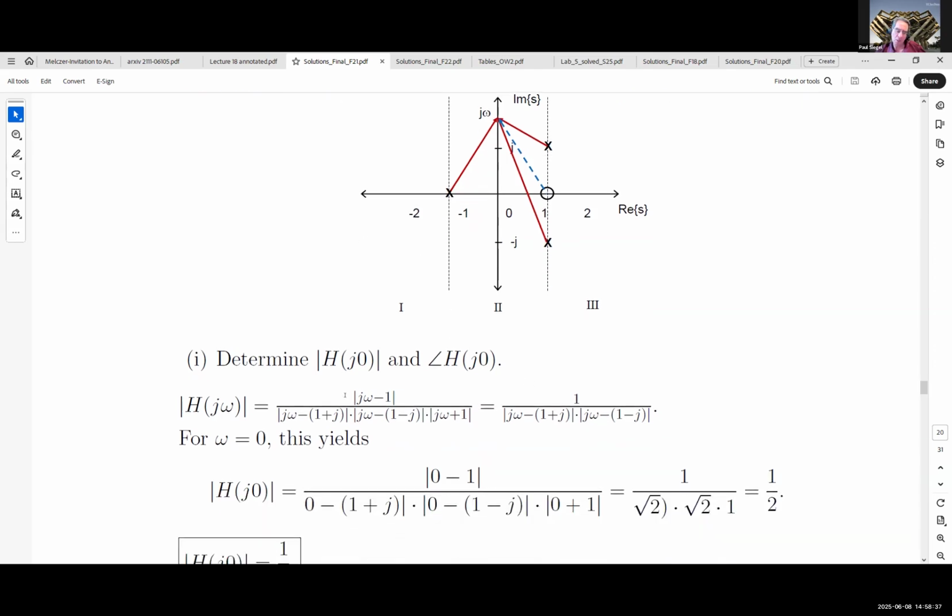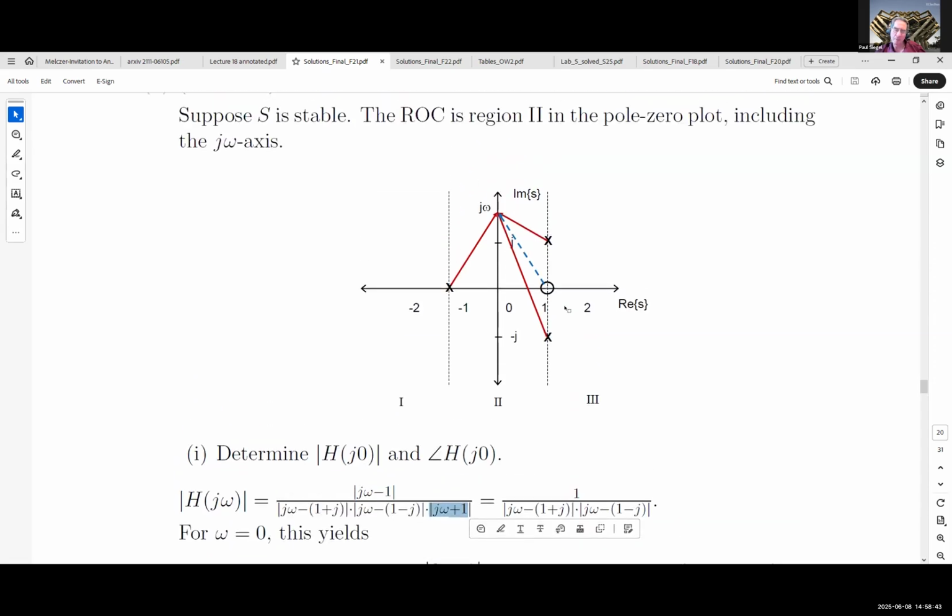When you look at this expression, the j omega minus 1 in the numerator and the j omega plus 1 in the denominator, that's this dashed blue line, the numerator, and the red line on the left, the j omega plus 1, it's this guy. They have the same length. No matter what j omega is, those two have the same length as each other. So they cancel out.